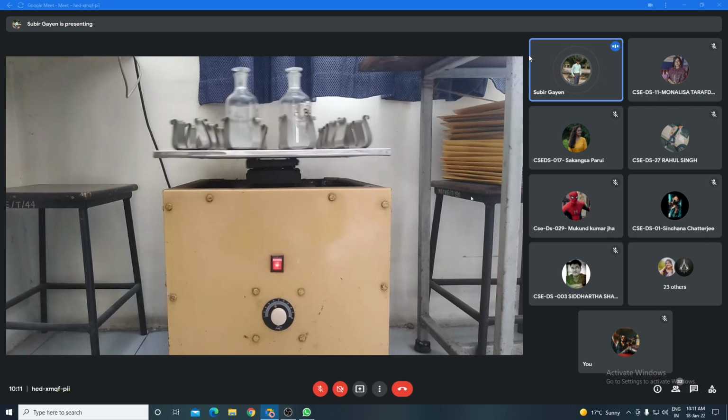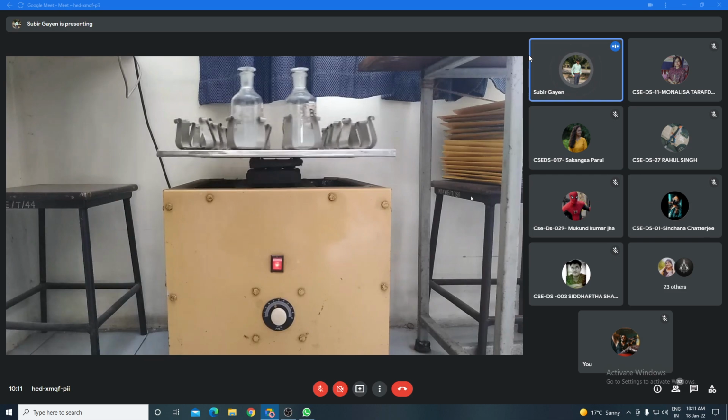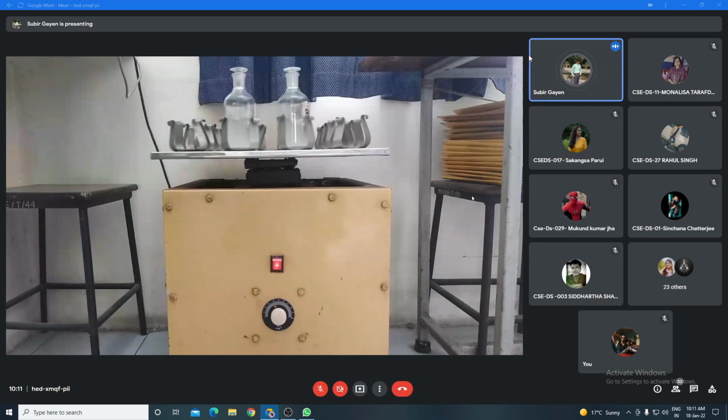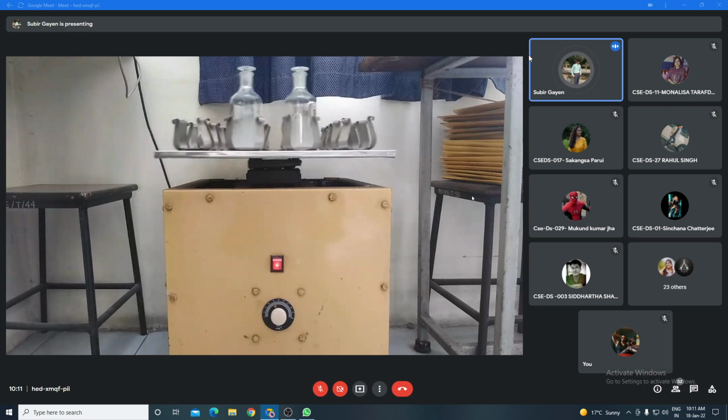You have to wait for 1 hour. After shaking for 1 hour, you have to titrate these two layers of the bottles. Now wait for the shaking for 1 hour.